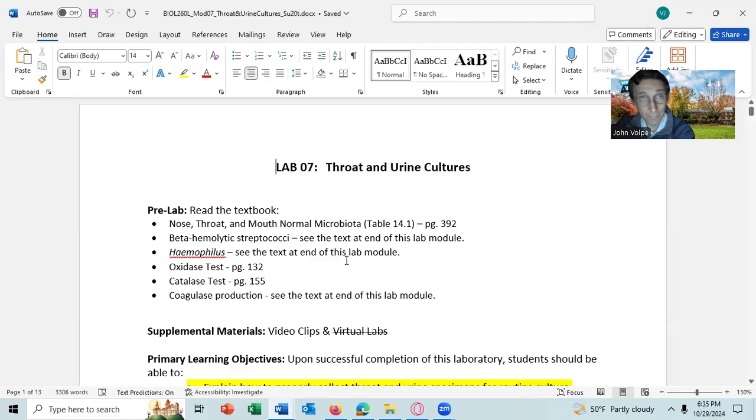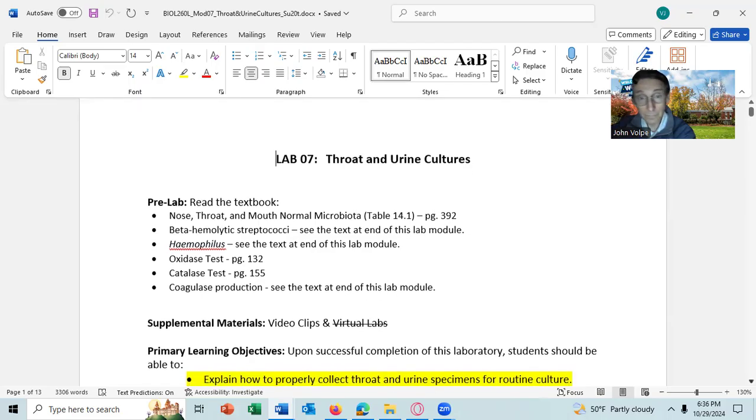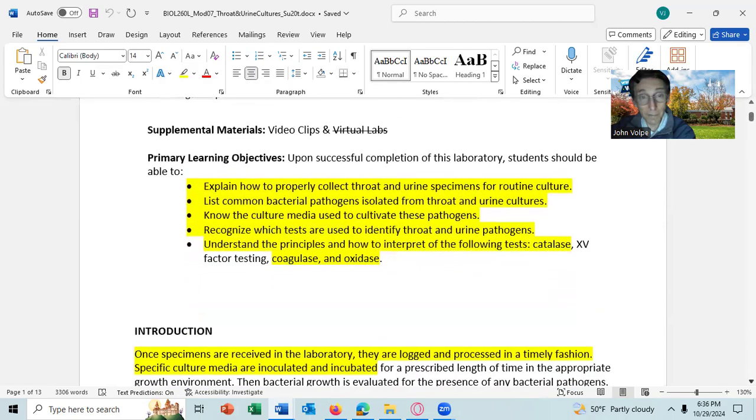We talk about, I think it's Haemophilus influenzae in this lab, and there's some text at the end of this lab module as well, discussing Haemophilus. There's also a page to read about the oxidase test, a page to read about the catalase test, and then some information about the coagulase test, which is also at the end of this lab module. Some supplemental material: we have some video clips for you to watch in today's lab.